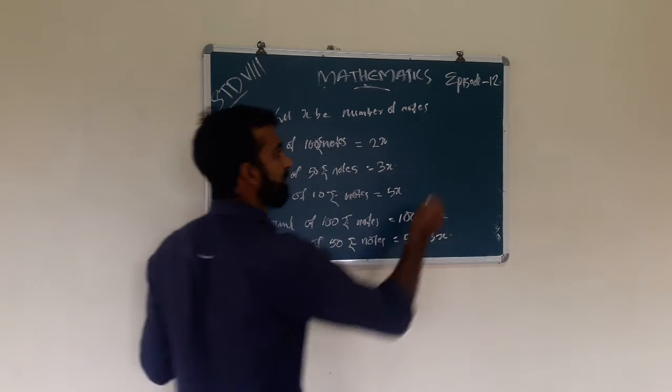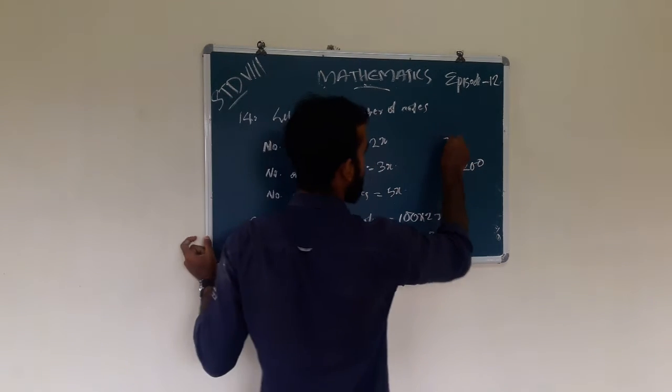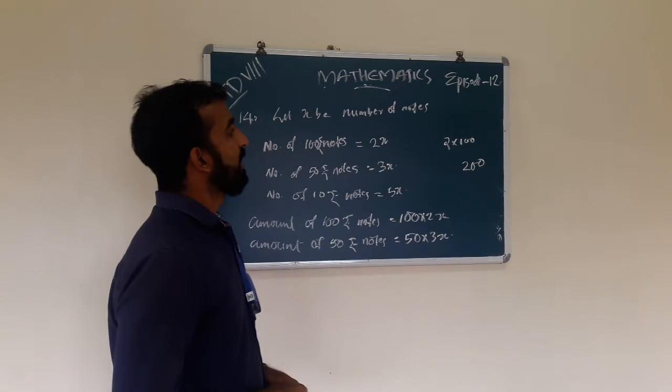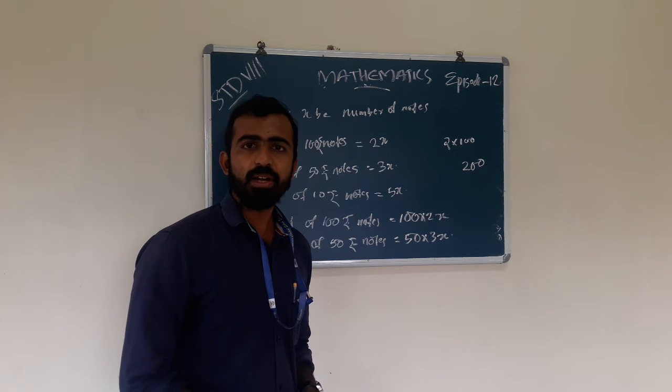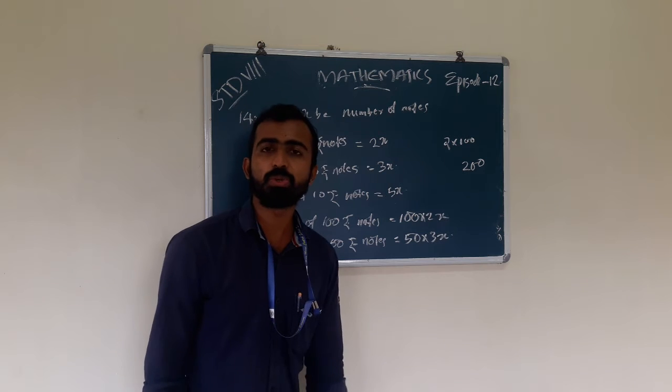Because we know that 200 rupees means 2 notes of 100, so the amount is 2 into 100, that is 200.